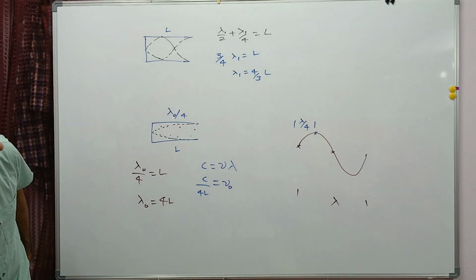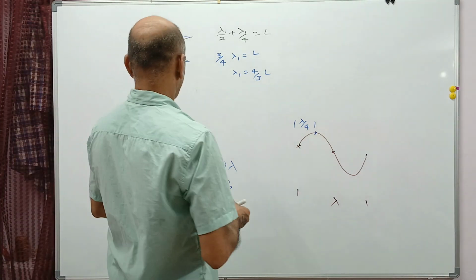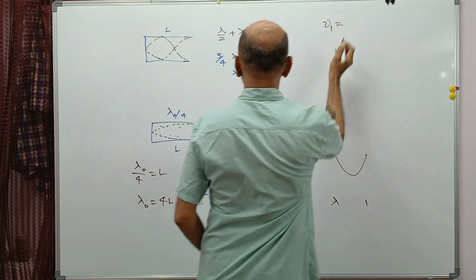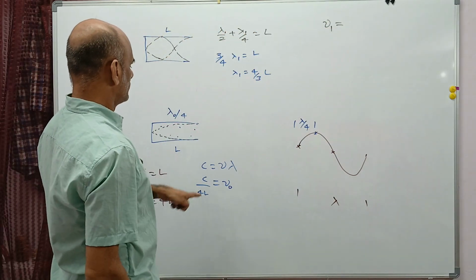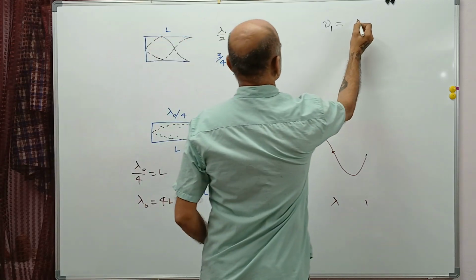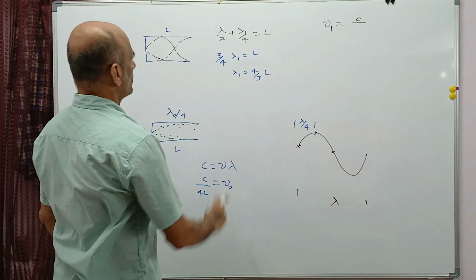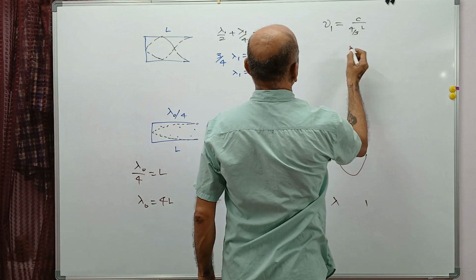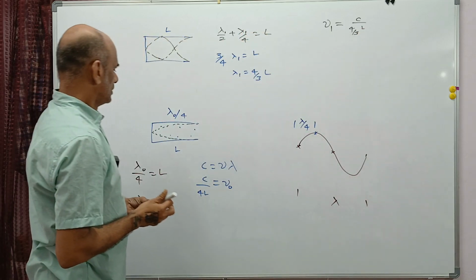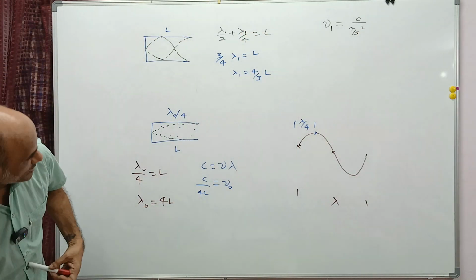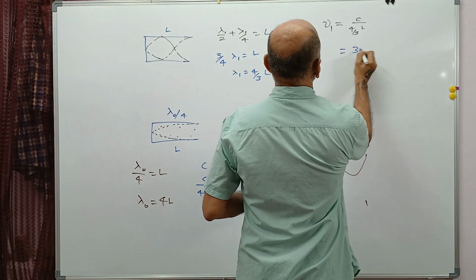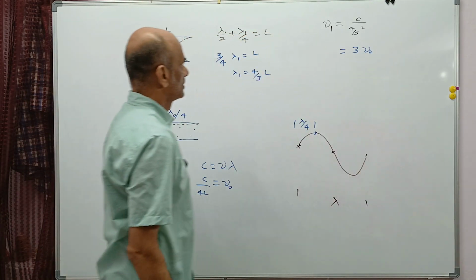So in this particular mode, the same thing if I use here, I'll get the frequency mu1 corresponding to this mode will be C by lambda 1, which is 4/3 of L. So comparing this with this one, mu naught is C by 4L, so this will be 3 times mu naught.